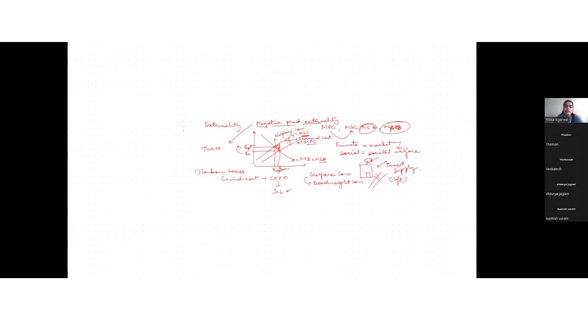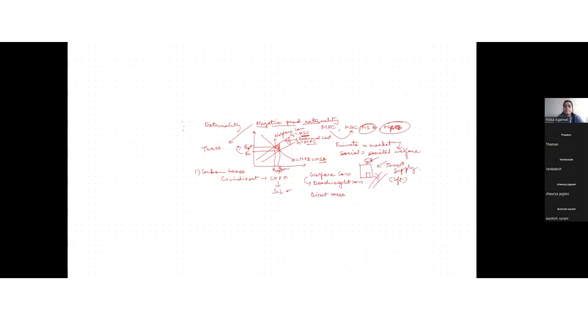Indirect taxes. I hope you know what indirect taxes are and what the difference between direct and indirect taxes is. Can anybody tell me what direct taxes are? Ashish, would you like to say something?